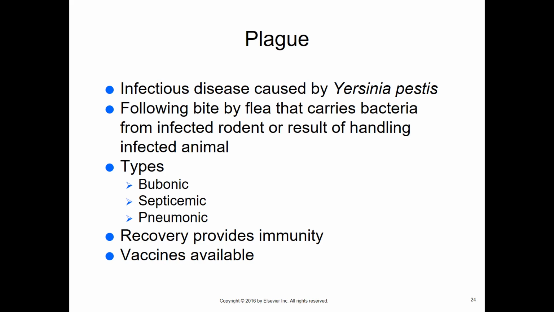Once the organism enters the lymph node, it causes swelling of those lymph nodes, and that's going to be especially seen in the groin or the armpit areas. The swellings are called buboes, and that is what gave the disease its name, the bubonic plague, because they would have these little areas of swelling in the groin, the armpits, and other places of the body.